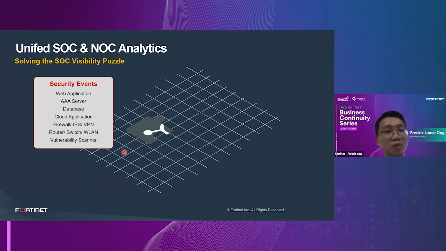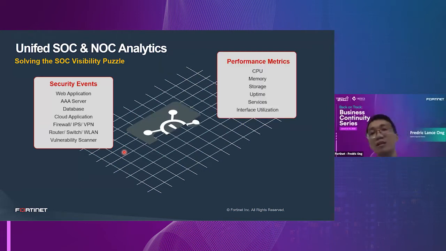So what FortiSIEM is able to deliver to the customer is to unify the security events and the network operations monitoring in a single platform. What we have here, if you can see, are examples of security events coming from devices such as firewall, router, switches, and other devices.